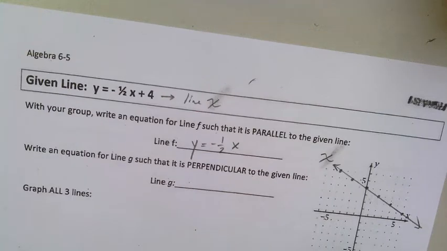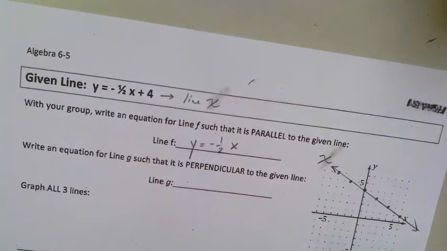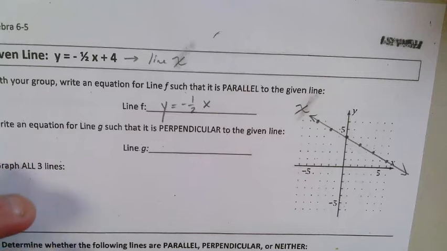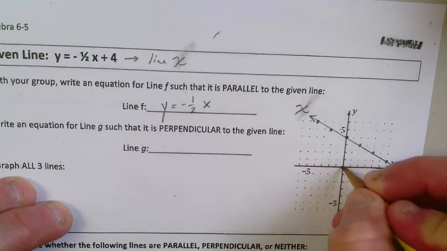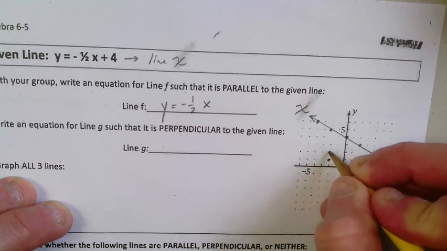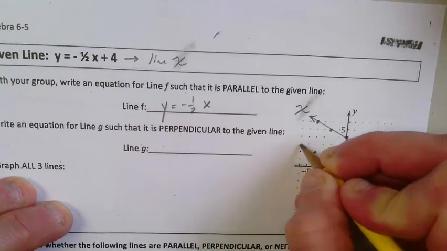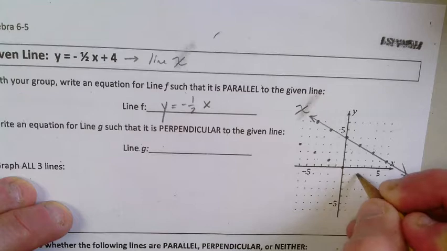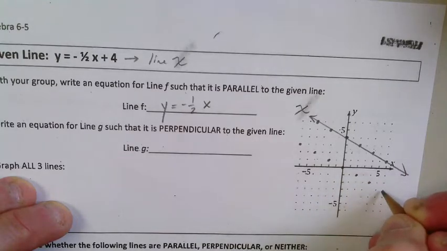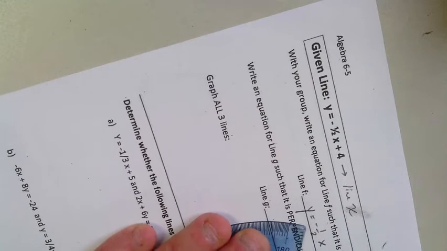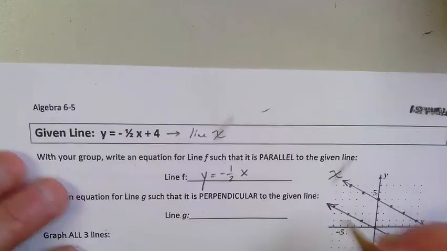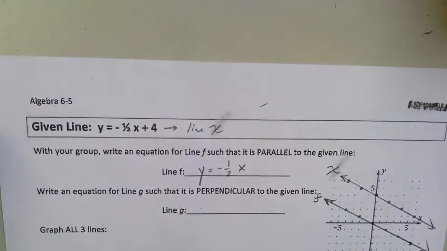What's the y-intercept here when we have y equals negative 1/2 x? Well, the y-intercept is 0. Positive 1, negative 2, positive 1, negative 2. This right here is going to be parallel to line X. Has the same slope, different y-intercept. Okay, so I'll label that as line F.